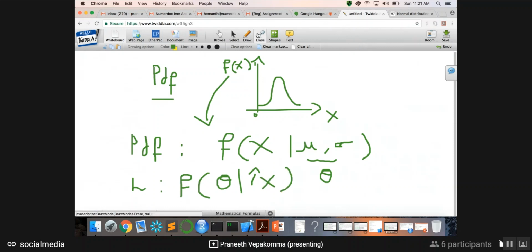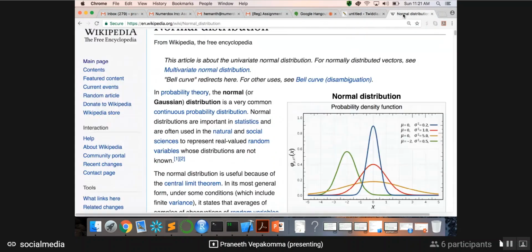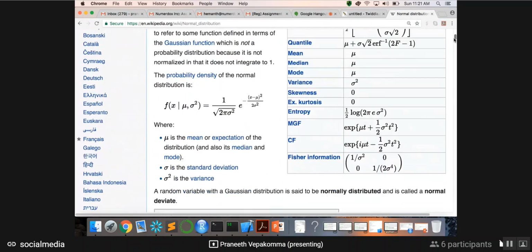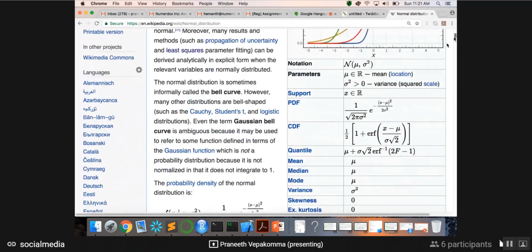Don't be bugged by this arrow. So it's the same formula. The likelihood for normal distribution is exactly the same formula as its probability density function, which is this one. But in PDF, it's a function of x. In likelihood, it's a function of mu and theta.